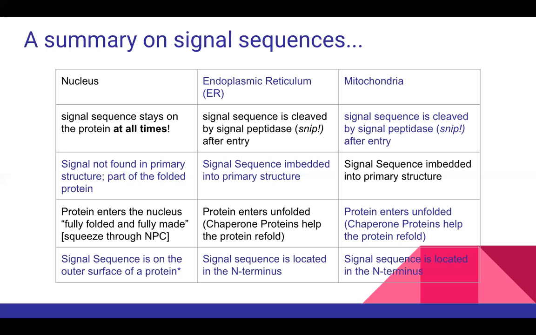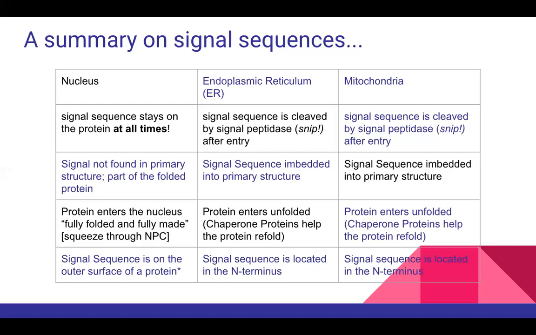For the nucleus, the protein can enter fully folded and fully made because it can squeeze through the nuclear pores. Whereas for the ER and mitochondria, the protein will actually unravel itself and enter the organelle in an uncoiled state.